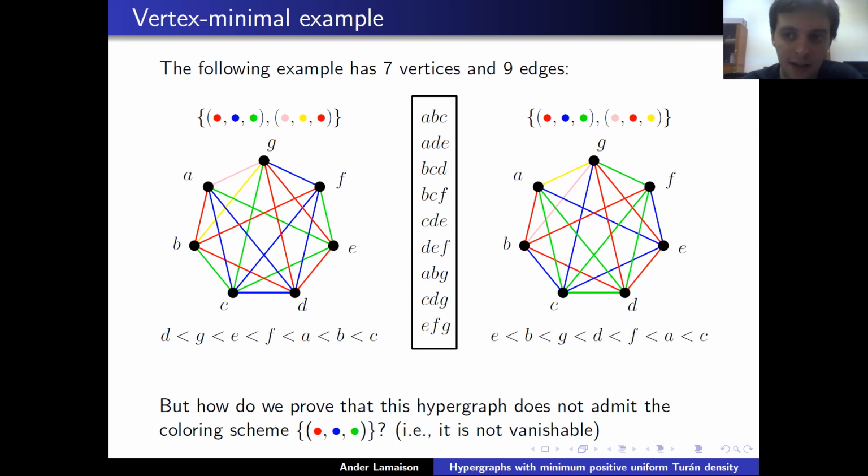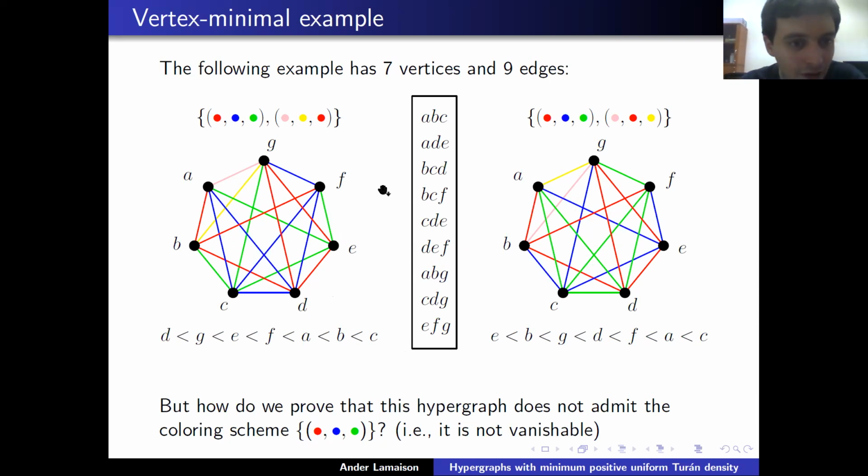So here is an observation about the two drawings that I made, the two coloring schemes. You might notice that even though the colors are different, they are not very different. Of course, the yellow and the pink flipped with each other, but let's look at the red, blue, and green edges.